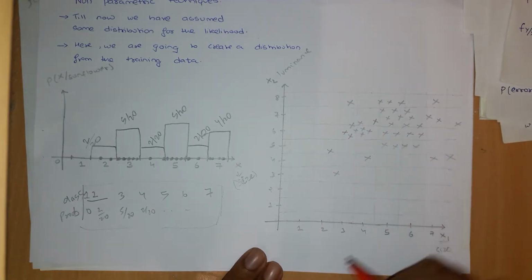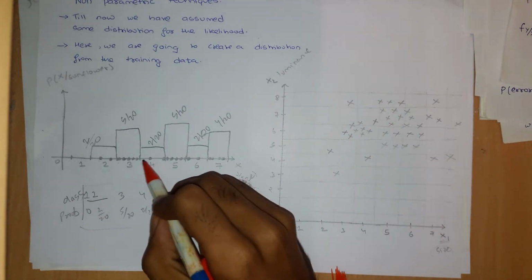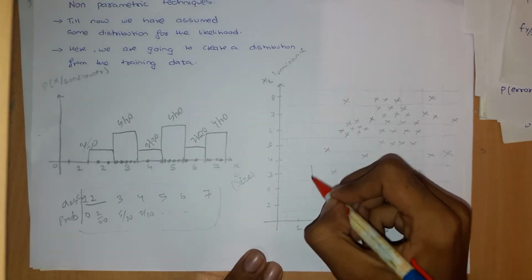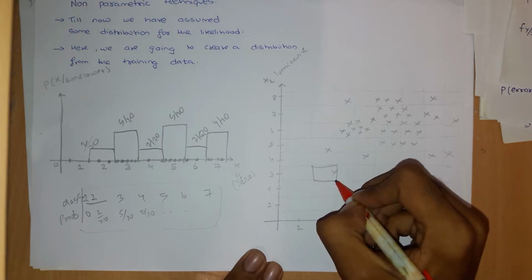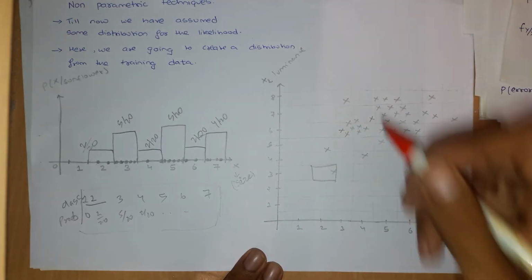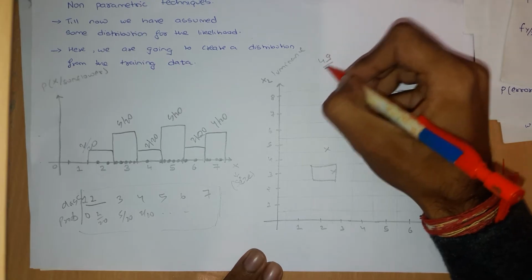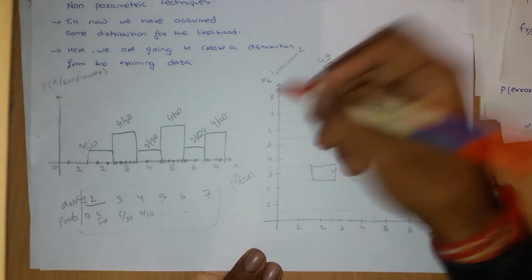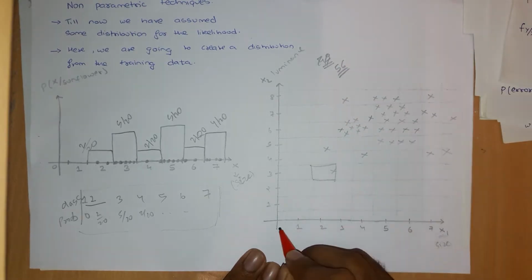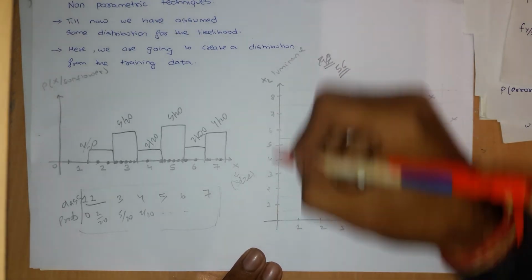So what I want to say is, now this single line over here becomes a box. So consider this box. Here you can see I have so many boxes. So here there are 7 and here there are 8.